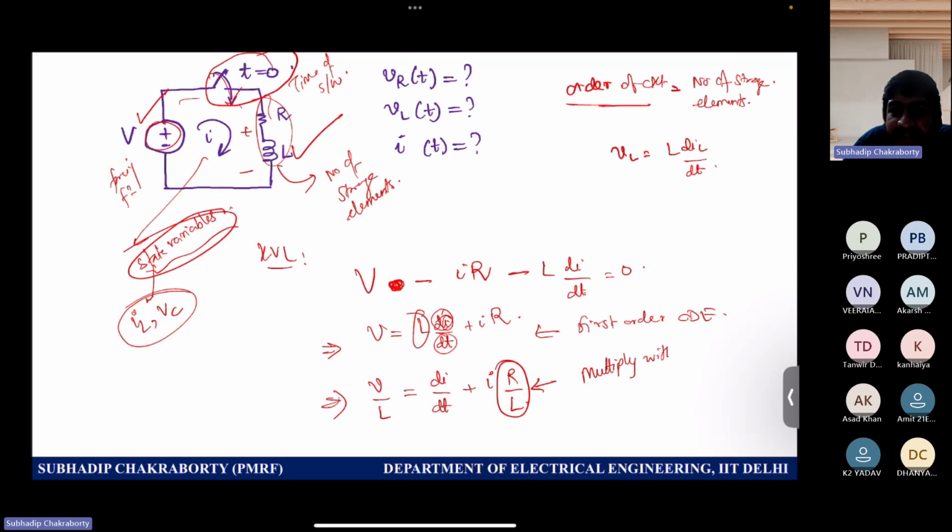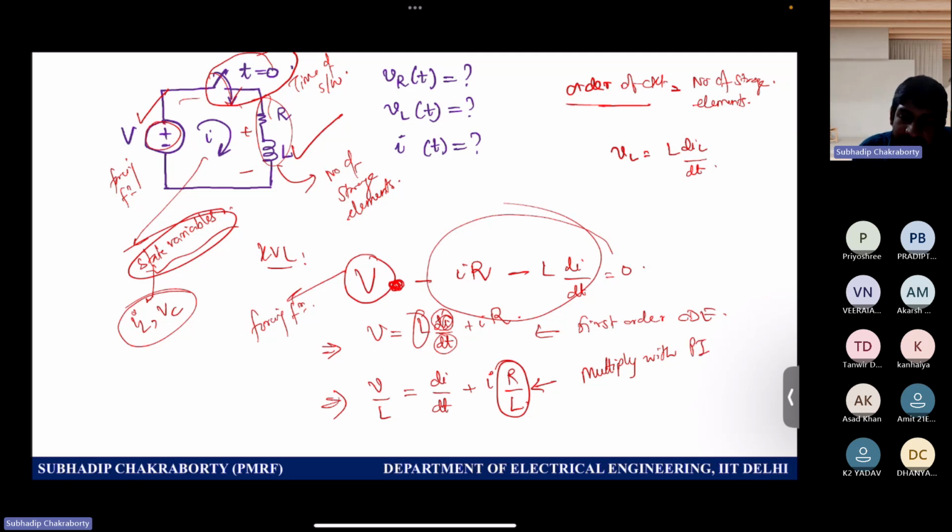You must have learned in mathematics, basic mathematics part 1 or part 2, how to solve with particular integral methods, right? Because we have a forcing function and we have the natural system function, both are there. So multiply with the integrating factor. What is it? It is nothing but the coefficient sitting with I. Multiply both sides by e to the power integral R/L dt. We multiply both sides, right? Then what is coming? Let us see.